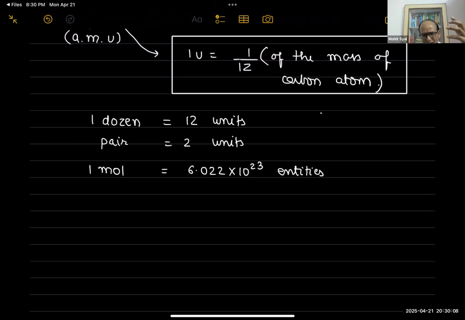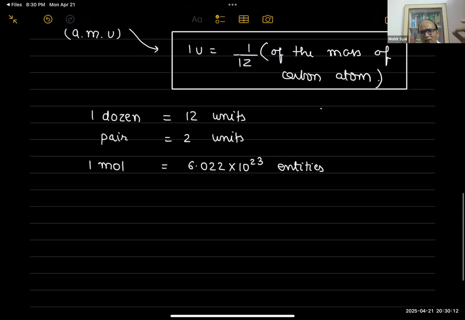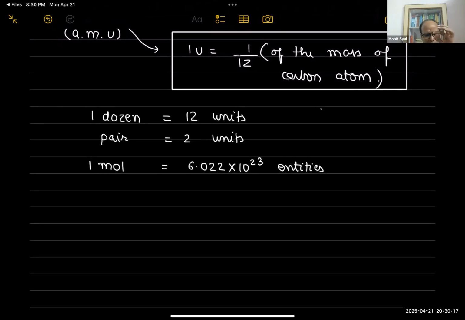But why are we dealing with such a big number? Because we are counting atoms, ions, molecules. Atoms and molecules are very small, and even in a small dot you can have a large number of atoms. To count them, we need a unit which is large enough. So 1 mole is 6.022 into 10 to the power 23 entities.